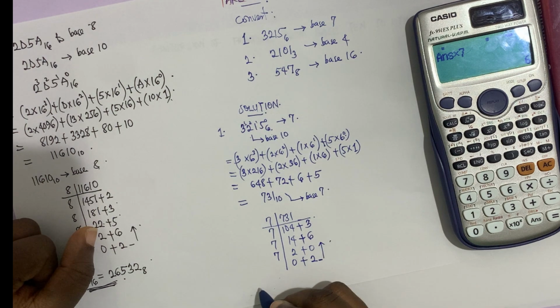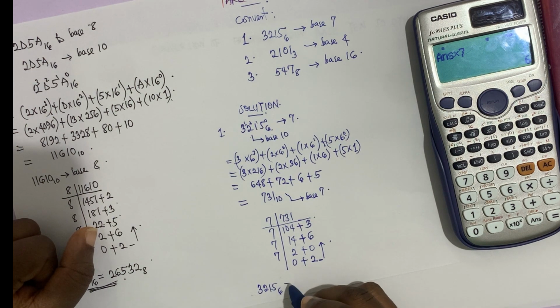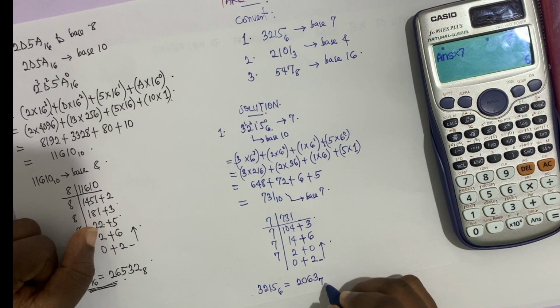So our solution, 3215 base 6, would be 2063 base 7.